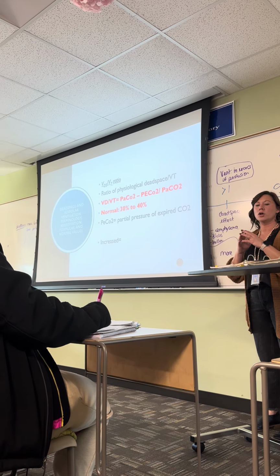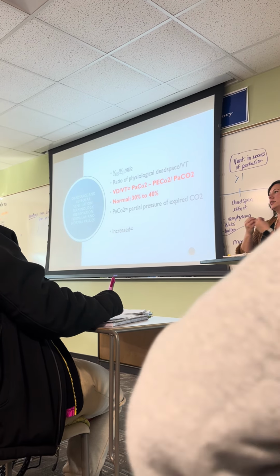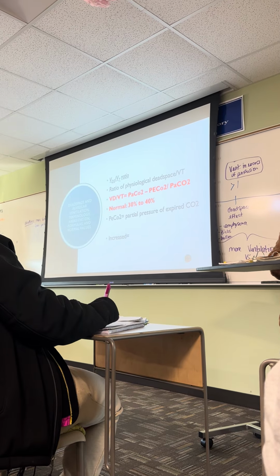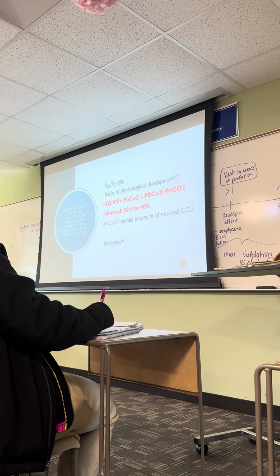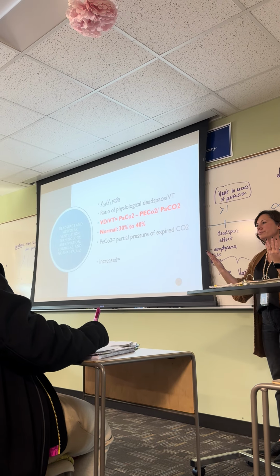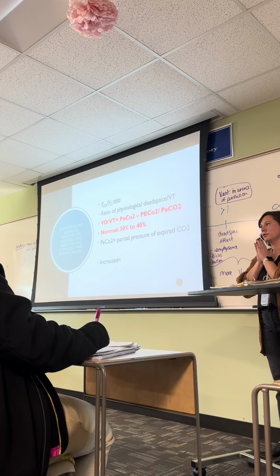So this is the ultimate dead space. This will tell us our real dead space ventilation based on the physiological dead space and our tidal volume together. I know, this is a lot. This is our dead space equation. If we don't have the approximate, we can calculate it using these numbers.